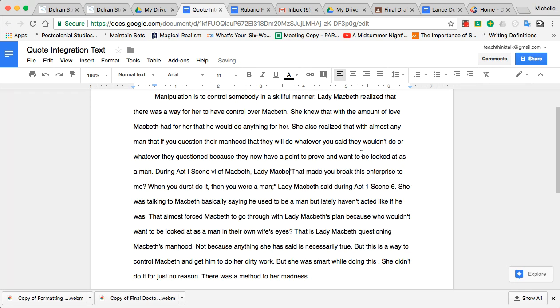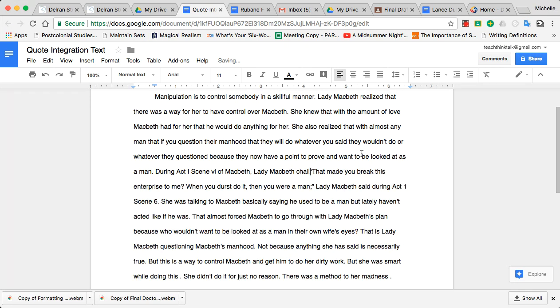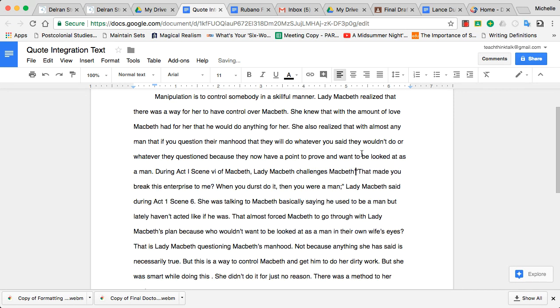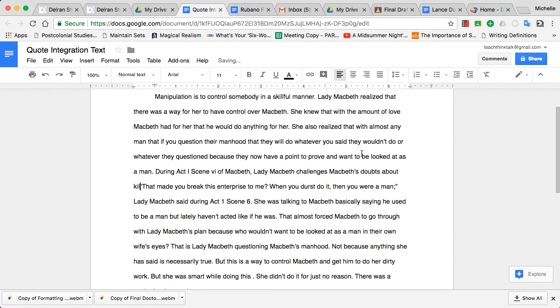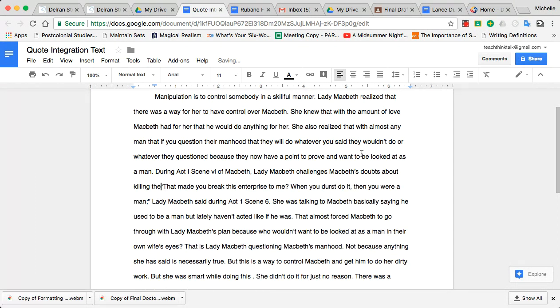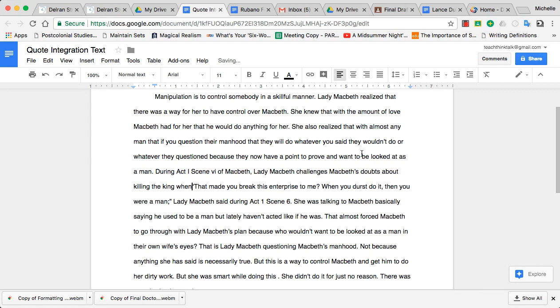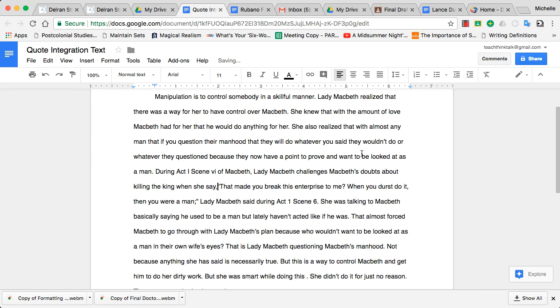Lady Macbeth challenges Macbeth's doubts about killing the king, when she says, comma, and then quote, we're going to change this to a lowercase t so we keep proper capitalization. And then we're going to change this to a period right here, okay?